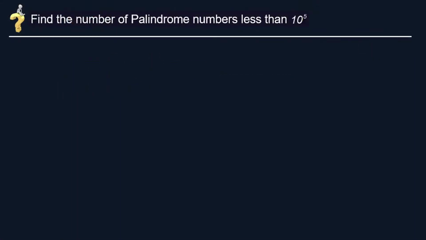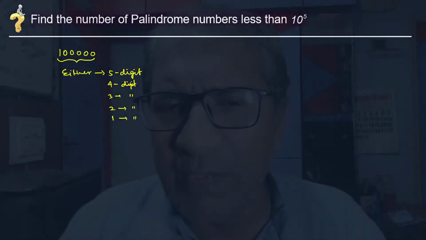Now the question is, find the number of palindrome numbers less than 10 to the power 5. 10 to the power 5 is a 6-digit number. So all the numbers which are less than this will be either 5-digit, or 4-digit, or 3-digit, or 2-digit, or 1-digit numbers.